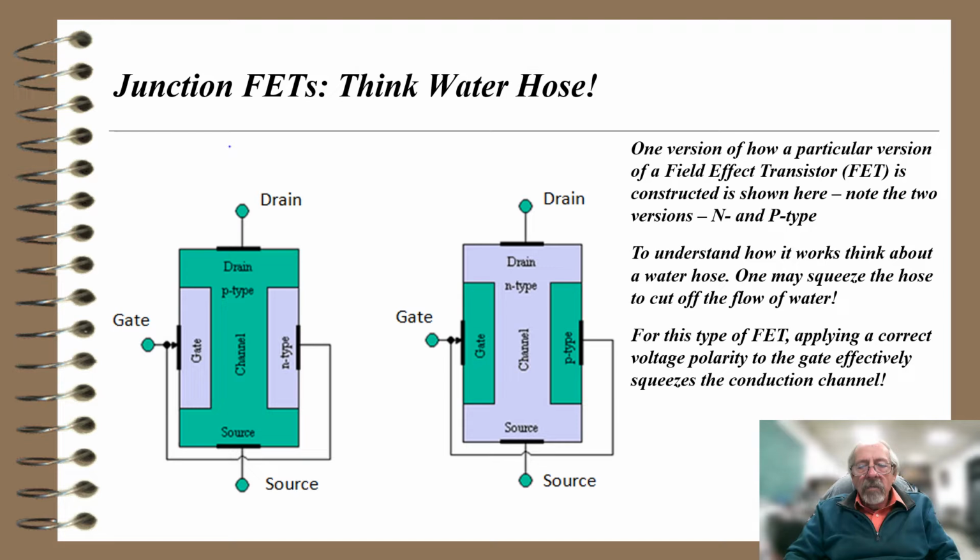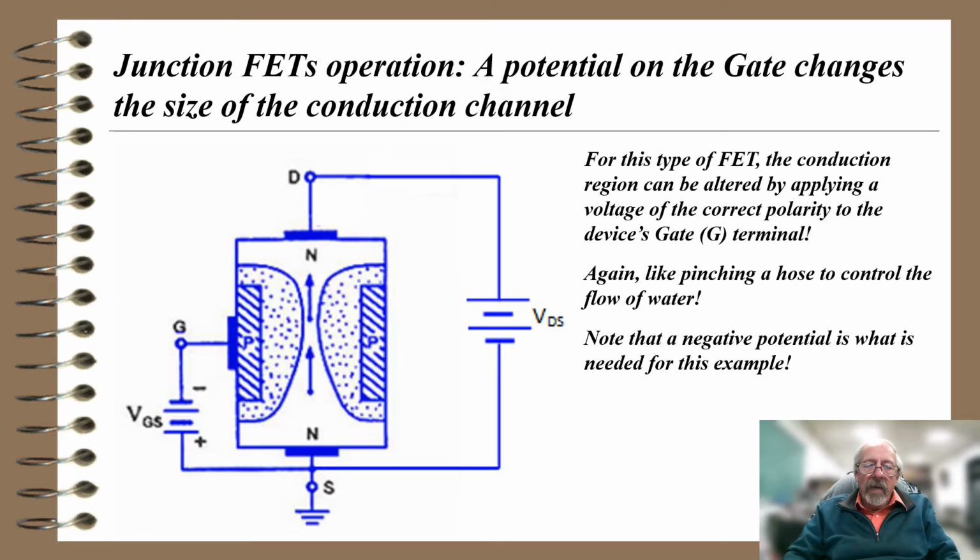On the right-hand side with the N-type channel, I have the green or P-type material. To understand how this works, think about a water hose. One may squeeze the hose to cut off the flow of water, which we'll think about as being current. So for this type of FET, applying a correct voltage polarity to the gate effectively squeezes the conduction channel. We'll see that in this next slide.